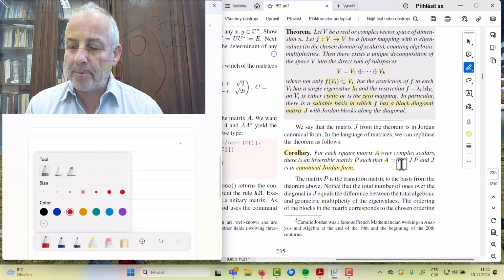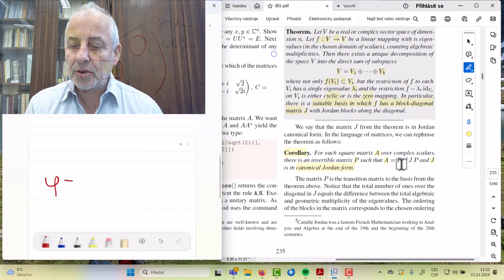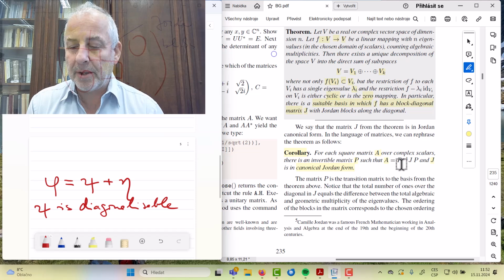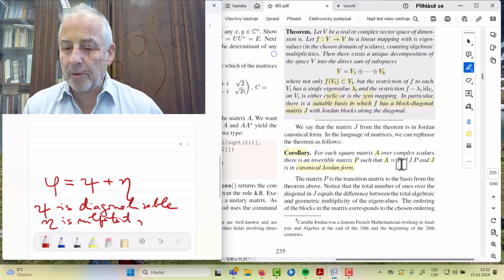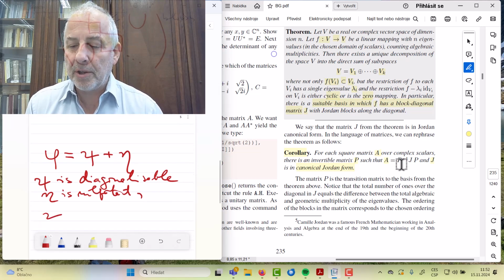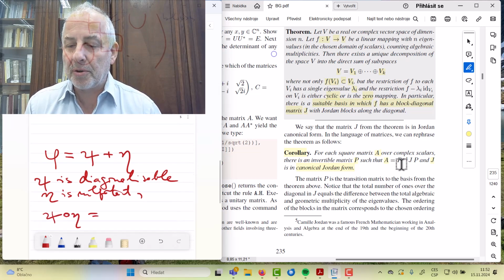So if I have a mapping, say, phi, I can write phi as psi plus eta, where psi is diagonalizable, and eta is nilpotent. And on top of that, they commute with each other.